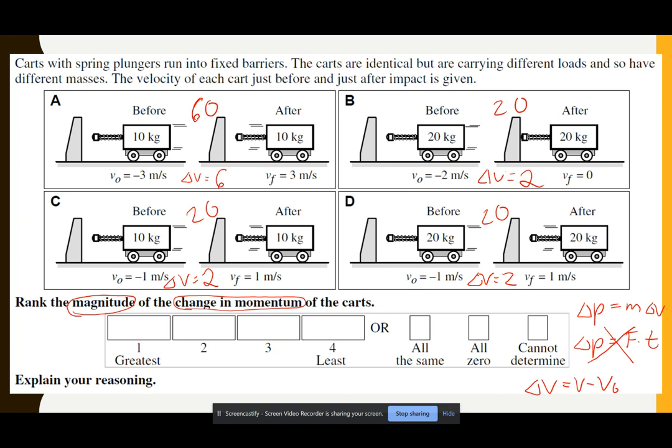You have a greatest, which would be A, and then B, C, and D are all equal. That's a tricky one. Let's go to the next one.